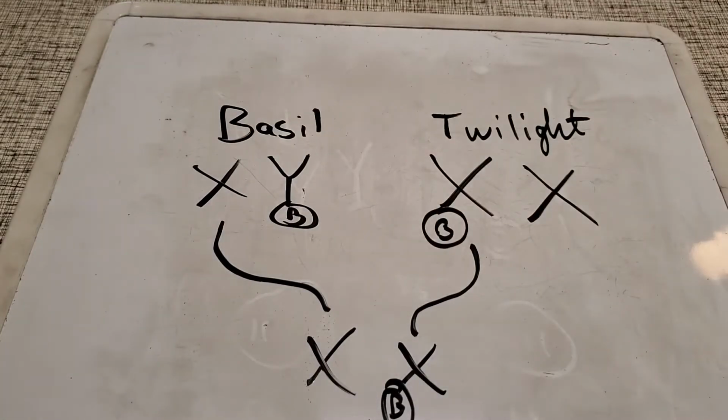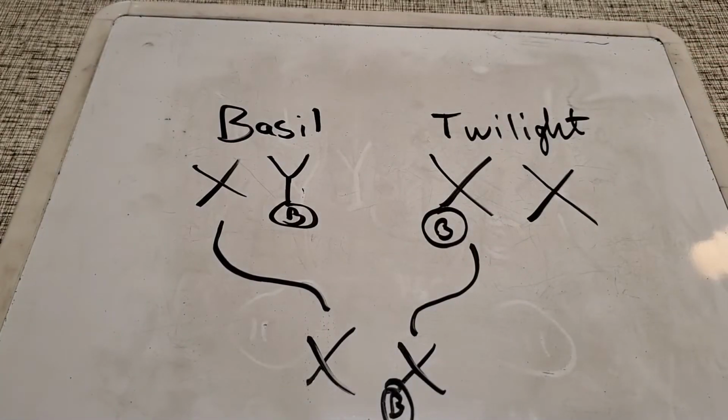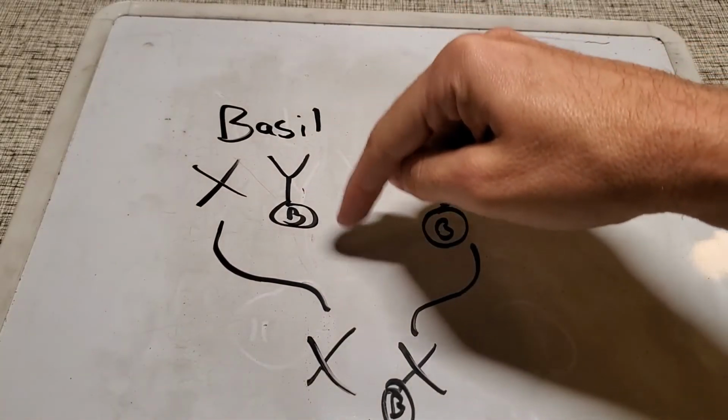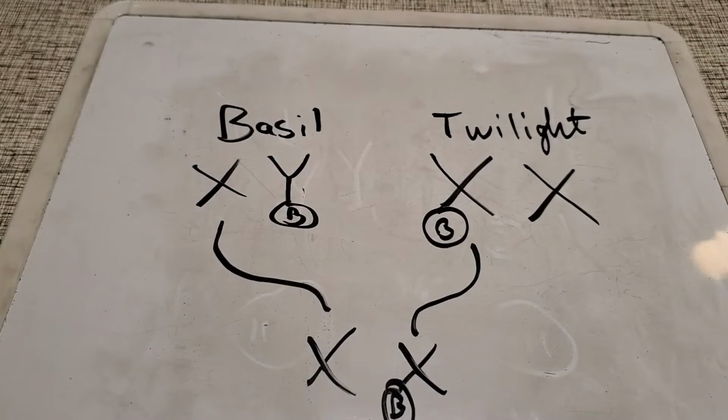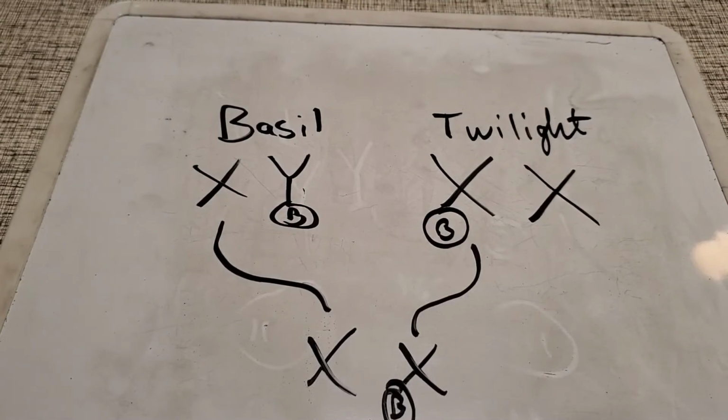Even though Basil's the dad, if he doesn't throw banana, Twilight could. So a banana offspring could be a female from this clutch. Or it could also be a male. It could come from here, and the X could come from over here, and it could be a male banana.